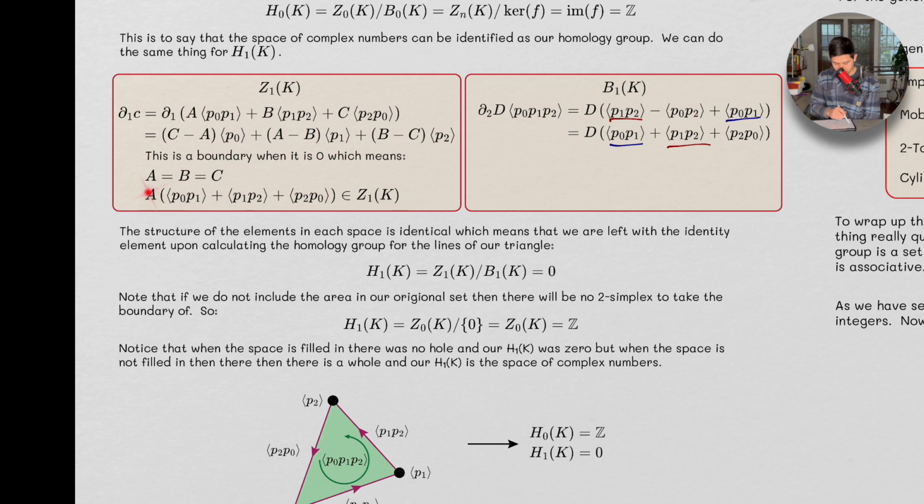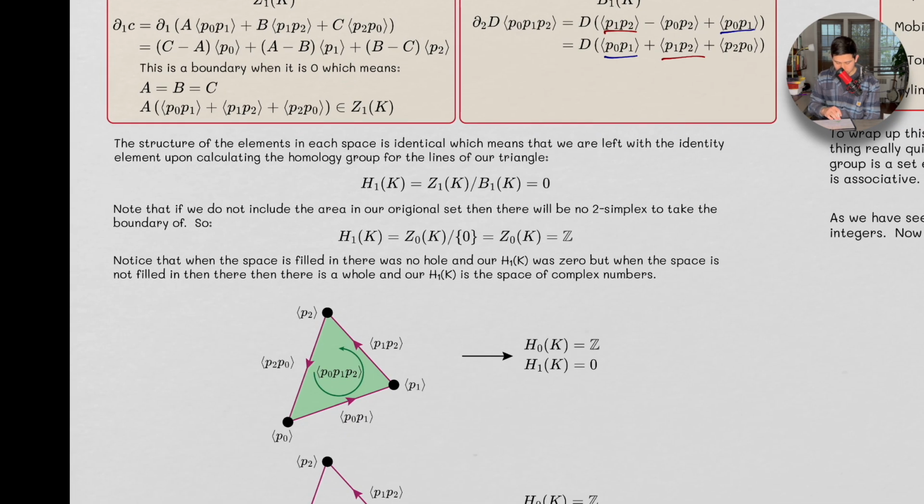We have A and we have D, so the structure of these are completely the same now, which means that we're left with the identity element upon calculating the homology group for the lines of our triangle. So when we mod these things out, everything here has the same form as in here, so we're modding everything out. So that means H1 of K is equal to 0.